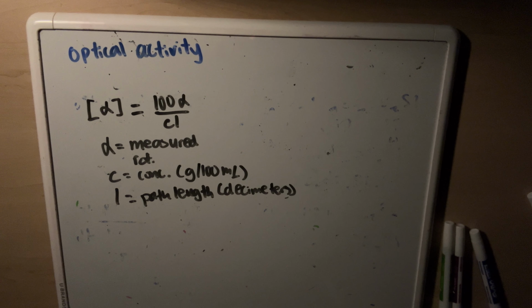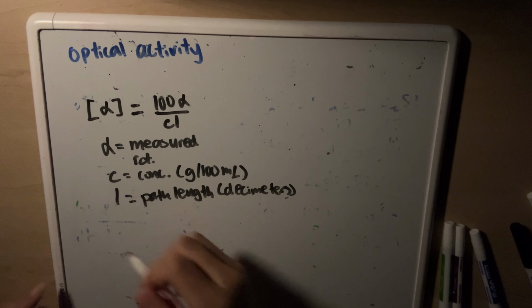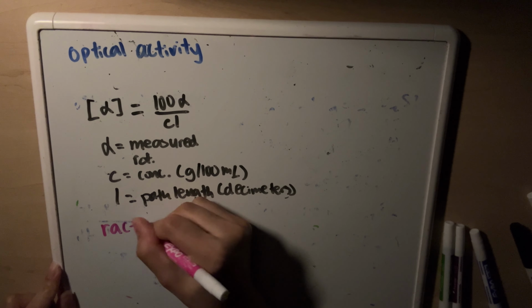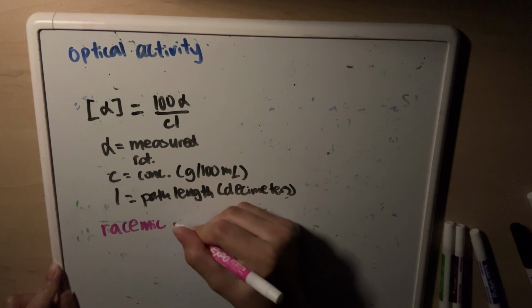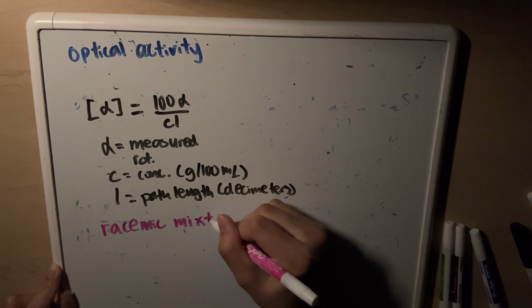Okay, so I think this is actually the most important thing to understand about optical activity: racemic mixtures, which always get mentioned. Racemic mixture.